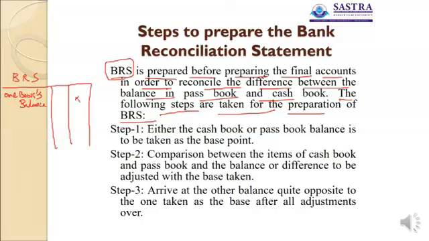take here, add the items that are to be added and deduct items that are to be deducted. So all items are added here, all items are deducted here.